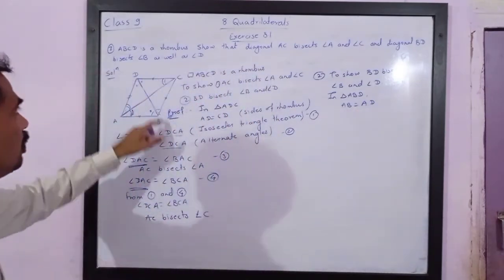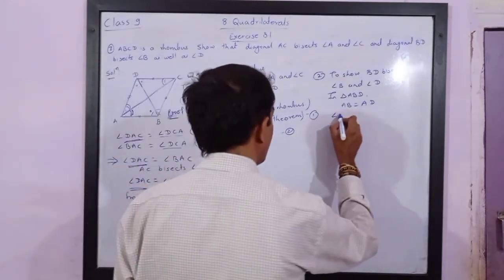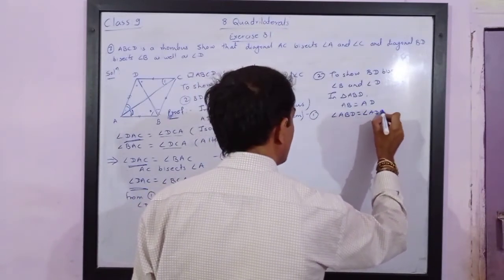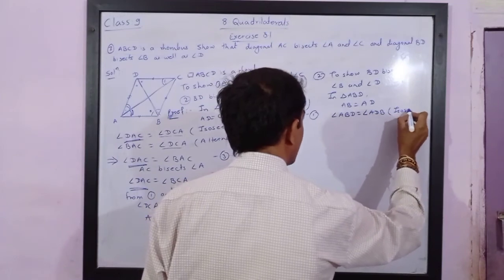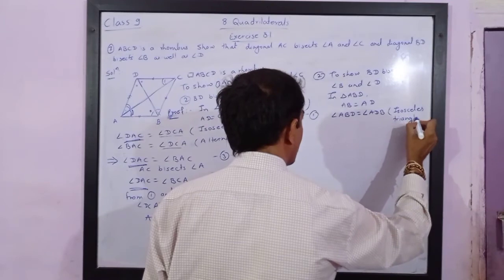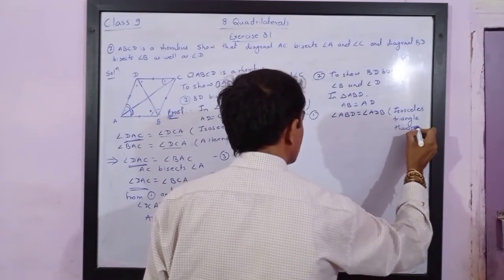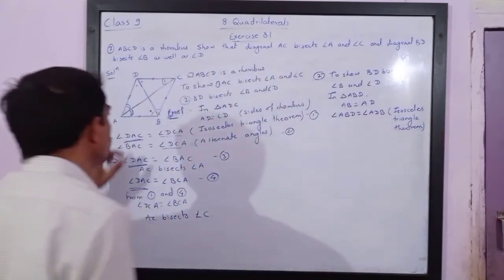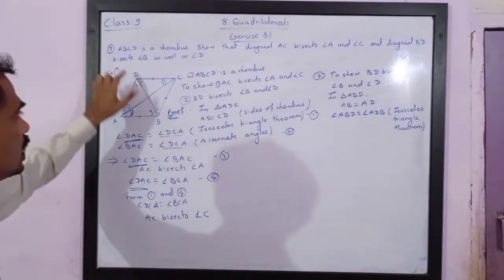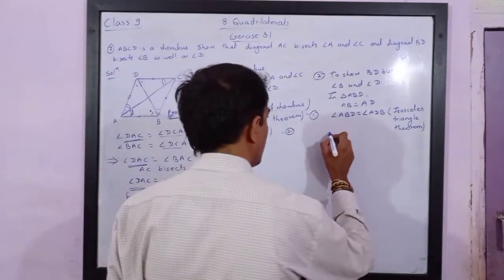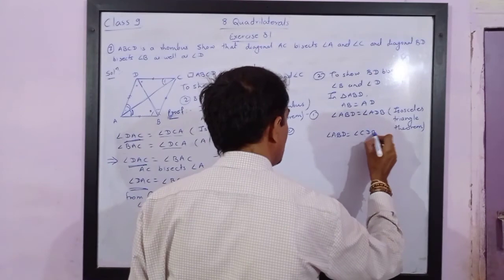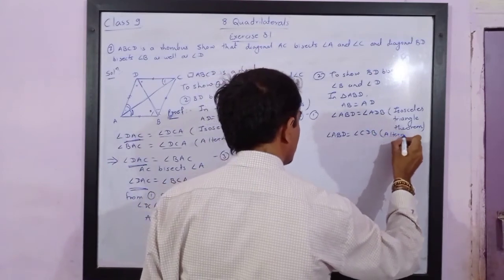Therefore, angle ABD equals angle ADB. Reason is isosceles triangle theorem. Now, angle ABD equals angle CDB. Reason is alternate angles.